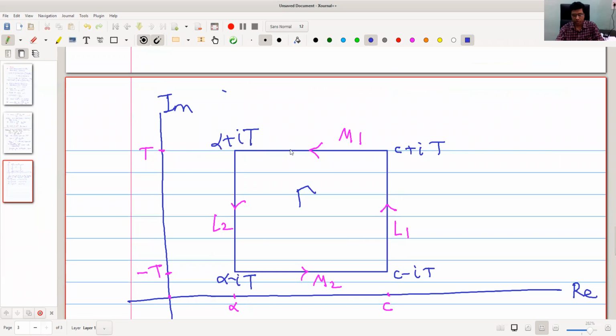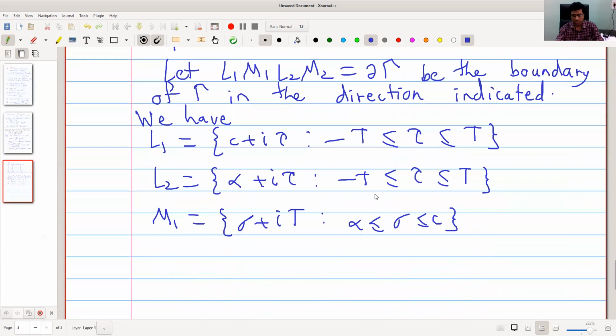Here capital T is fixed on this line. So every point is sigma plus iT, and sigma is between the two numbers alpha and C. This will provide all the points on the line M1. Similarly, M2. M2 is sigma minus iT.